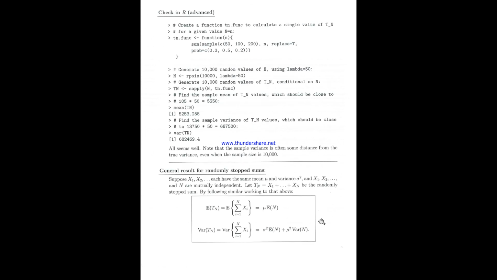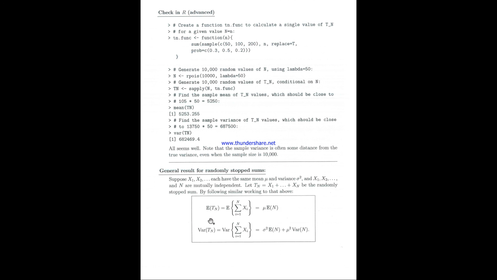So here the R codes are also there. If you are interested, you can use the R codes and check for the same result in R. And therefore, what we have to keep in mind when we are doing the calculations with the randomly stopped sum is that the expected value of the randomly stopped sum Tn, we can simply write as mu, the expected value of this random variable x, times the expected value of n.